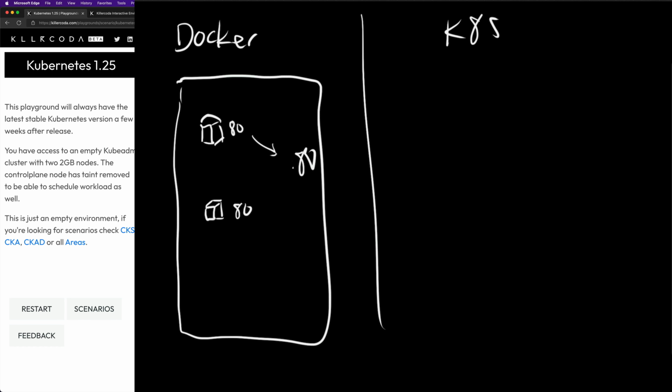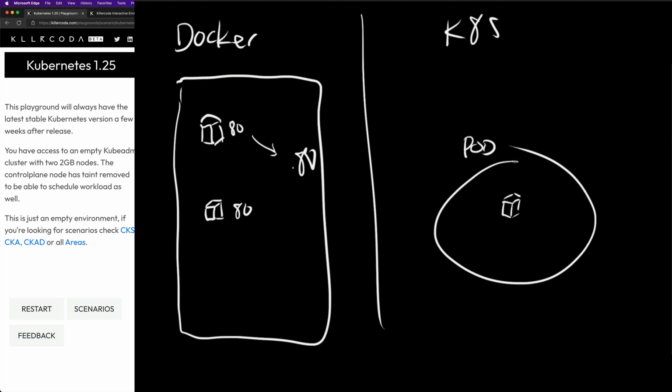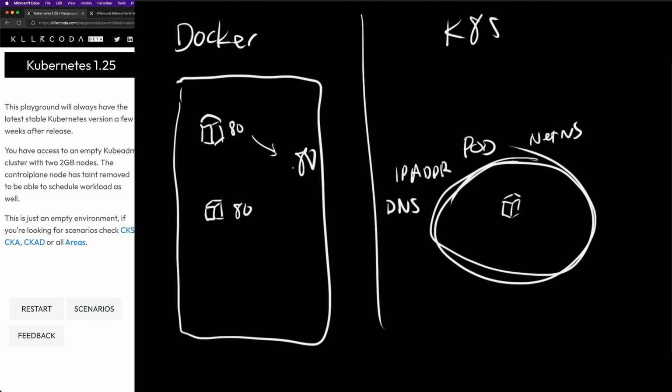Now what Kubernetes does is you have a pod which has a container within it. This pod is responsible for holding that network namespace. And as a result, this pod will always get a unique IP address and a DNS name, effectively rendering it its own isolated unit, and therefore not having to rely on the underlying host.